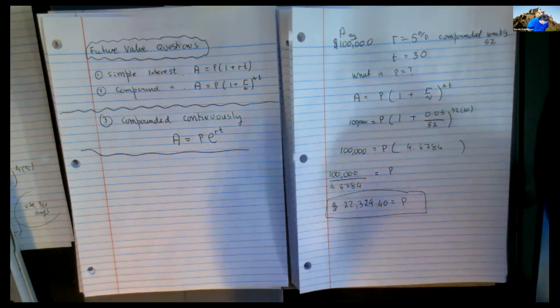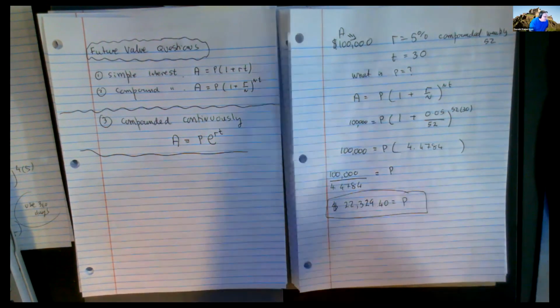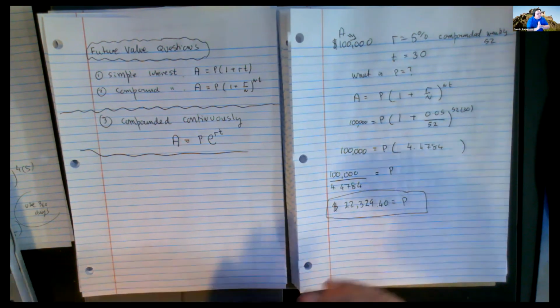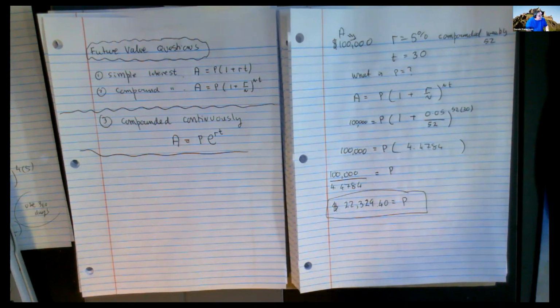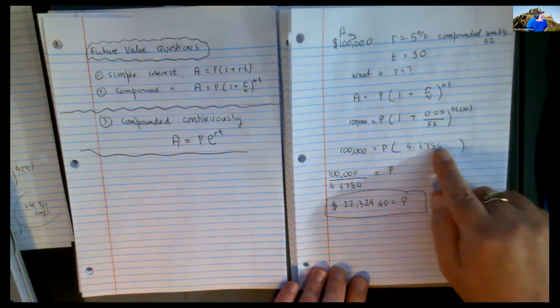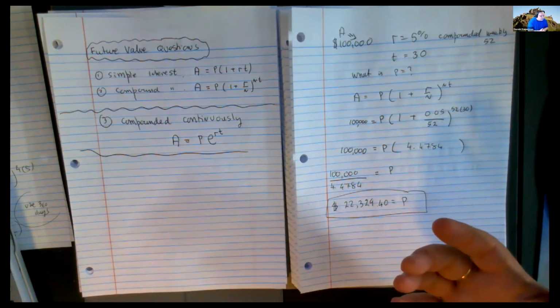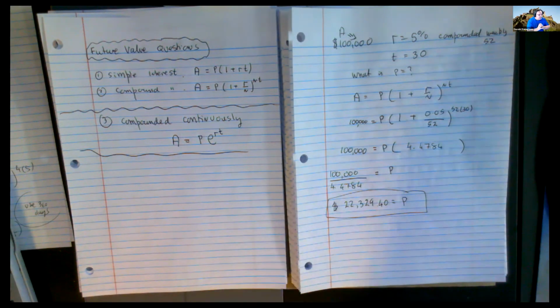WebAssign, I fixed it now, but I didn't realize it until we had some people with issues. That your answer and my answer, for instance, were a little bit different. Agreed? It's not that we did anything wrong. You did maybe more decimal places than I did, and that's why it came out a little bit differently. WebAssign is expecting a single answer, or it used to be.